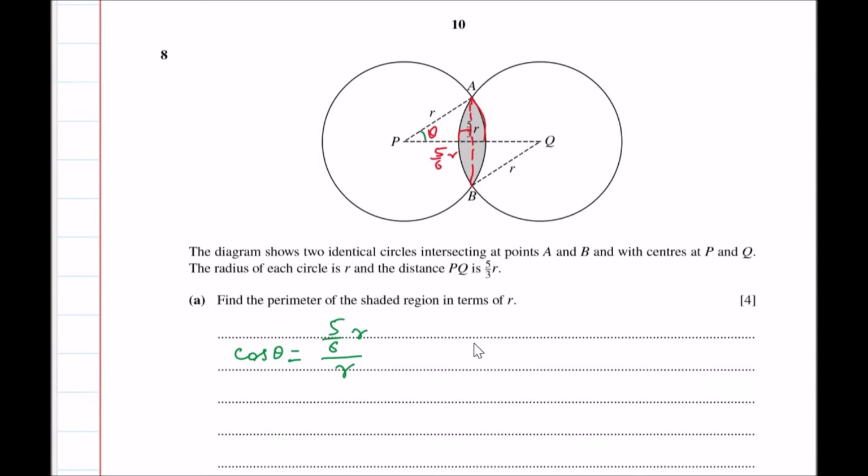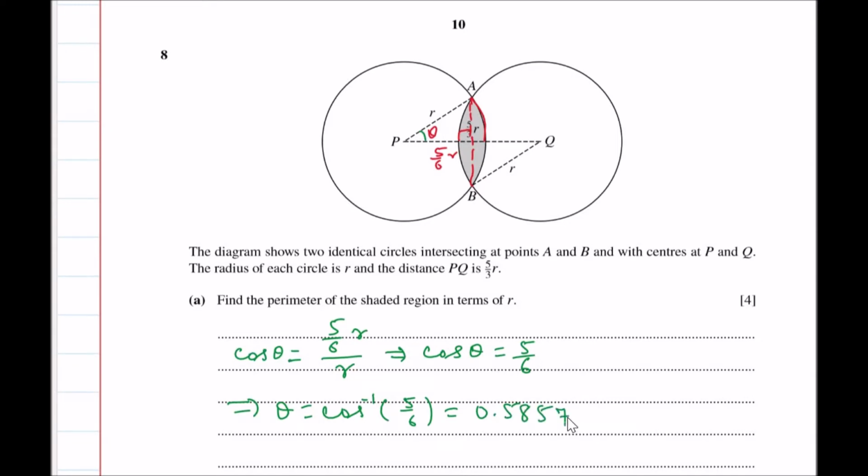So this gives us cos theta is equal to 5/6. This implies that theta equals cos inverse 5/6. Use calculator to find the value in radians. So it gives us 0.5857.